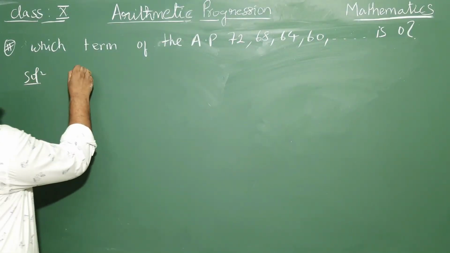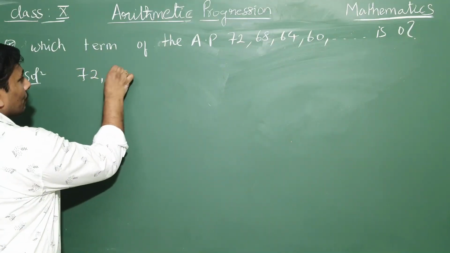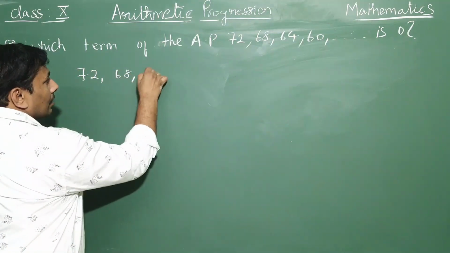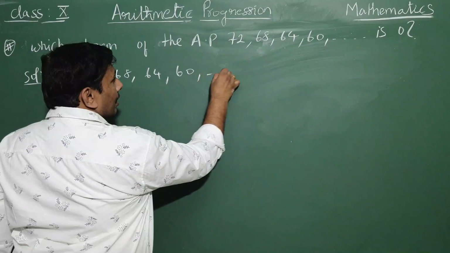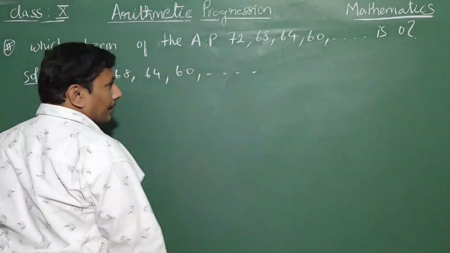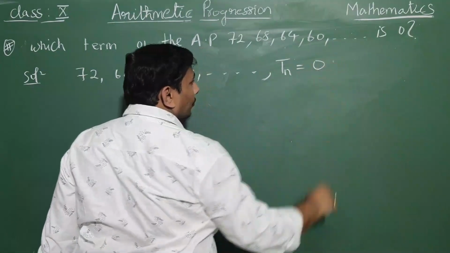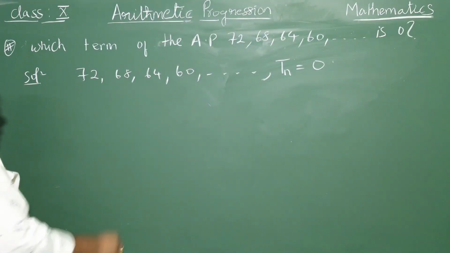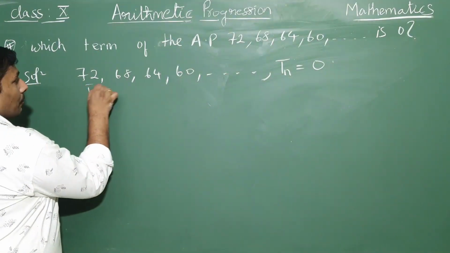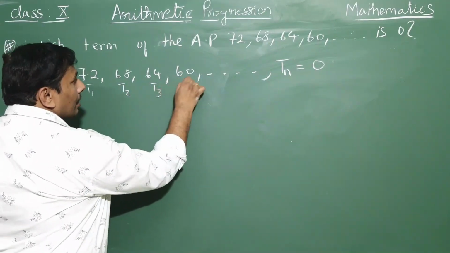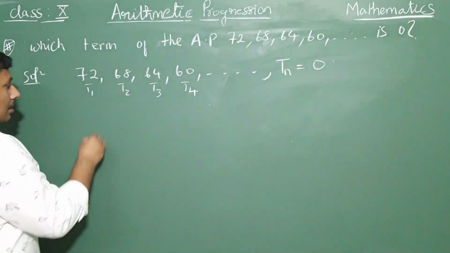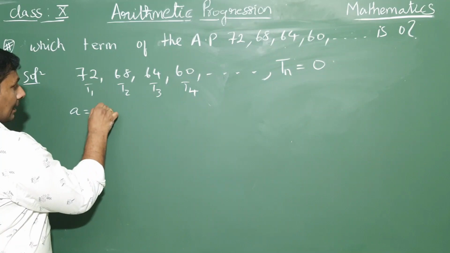So let us write the sequence 72, 68, 64, 60 and so on, and let us take the nth term as 0. Now this is T1, T2, T3, T4 and so on. Now we will find out A, that is 72.